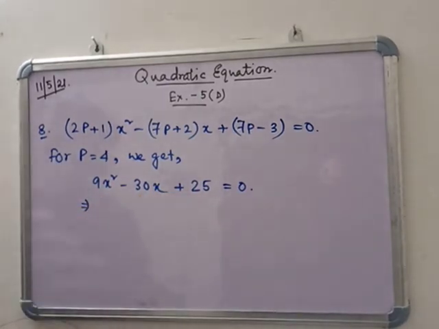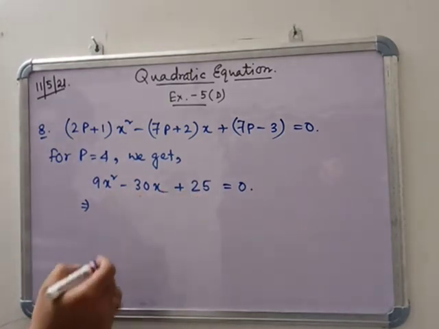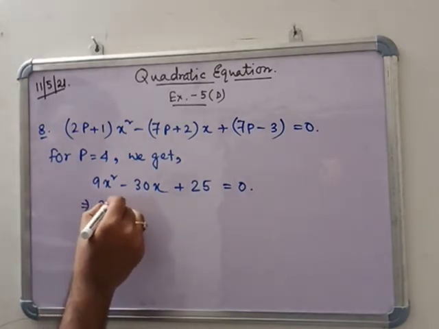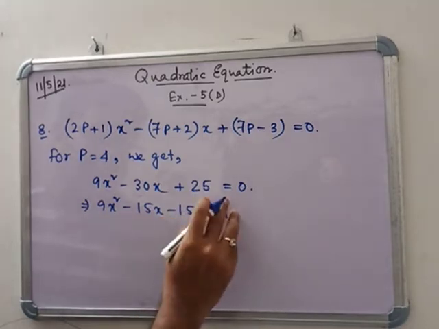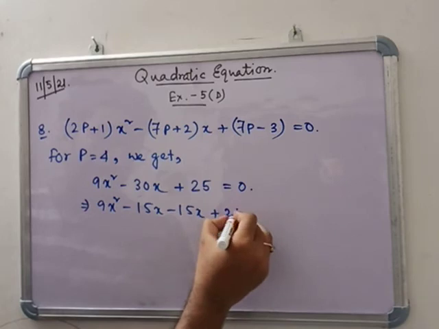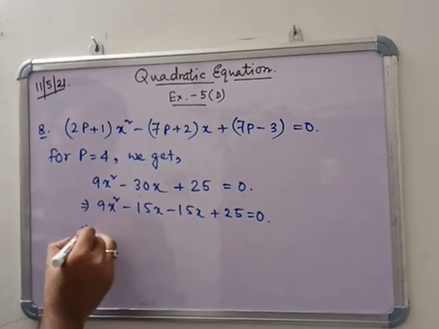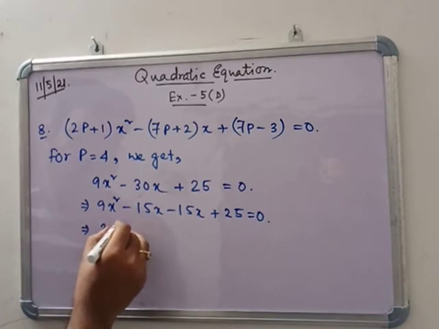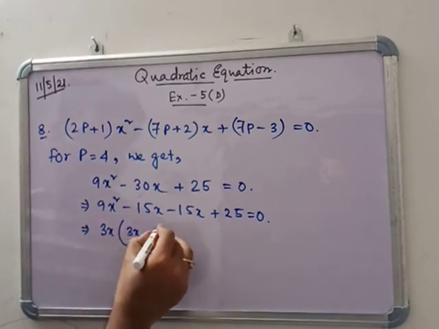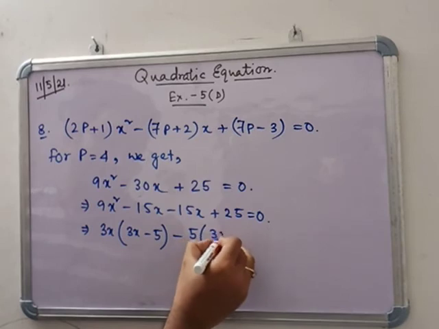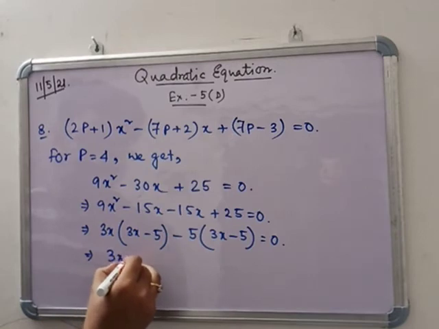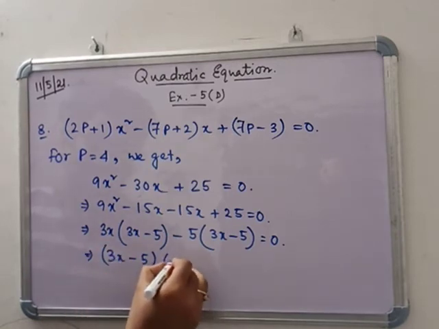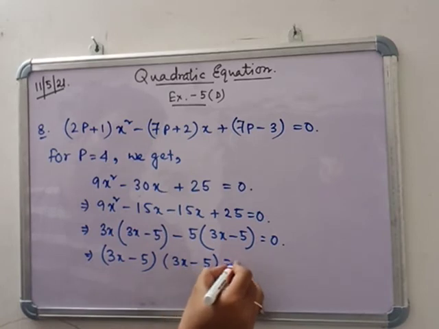Now solve it. So 25 into 9, this is 225. So 9x square minus 15x minus 15x plus 25 equals to 0. So that means 3x common. So 3x minus 5, then minus 5, 3x minus 5 equals to 0. So that means 3x minus 5 equals to 0.